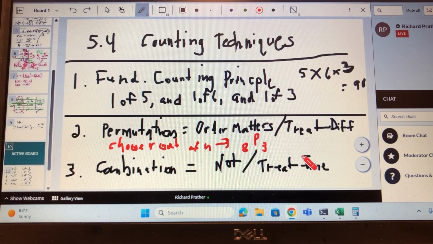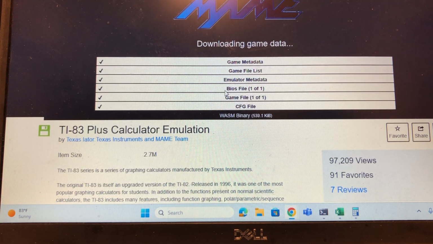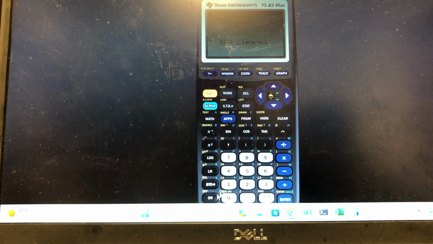You can't do 3 permutation 8. If I have 3 people and I need to pick 8 of them, it's never going to happen. So they usually word it backwards and say 3 out of 8 people are being selected, but then you put 8 permutation 3. If you have a graphing calculator already, it's easy to type this in. Type the 8.